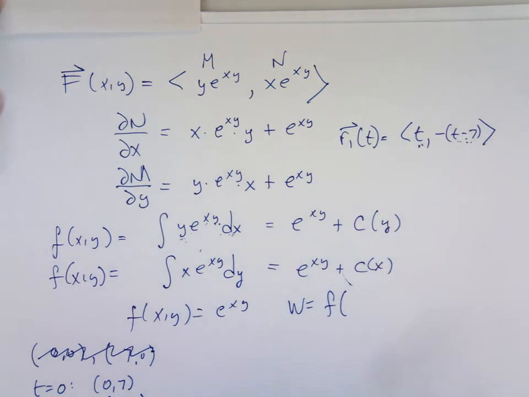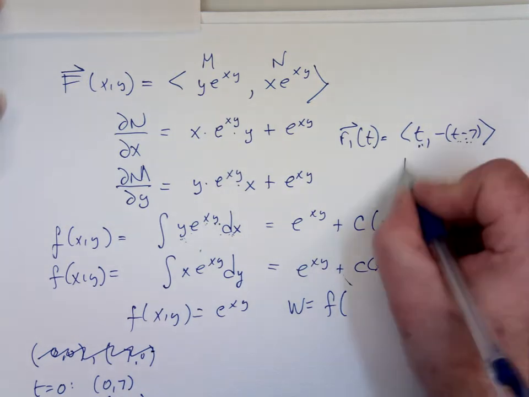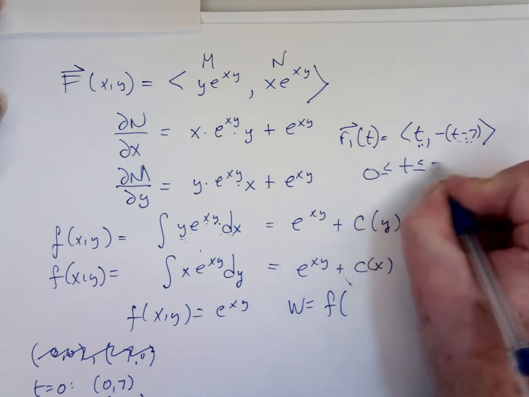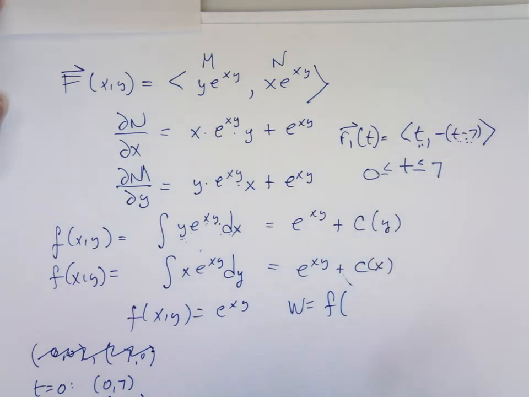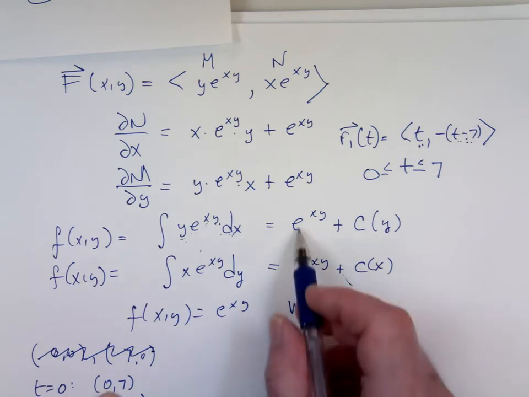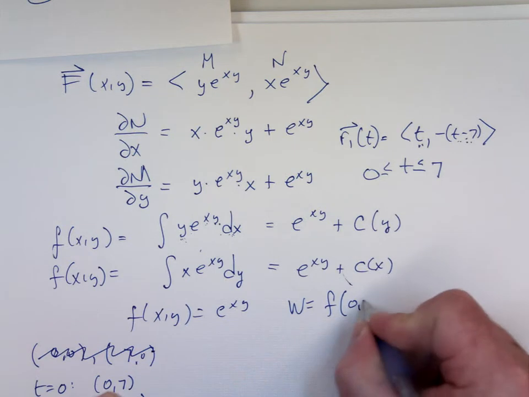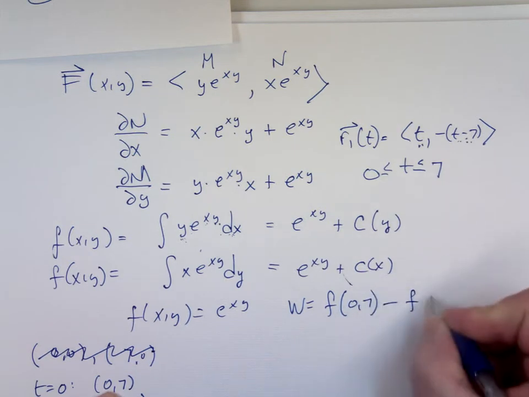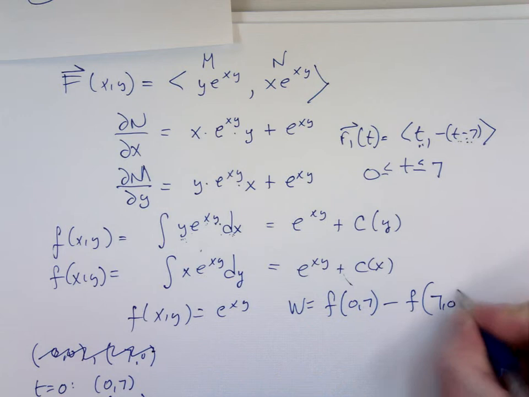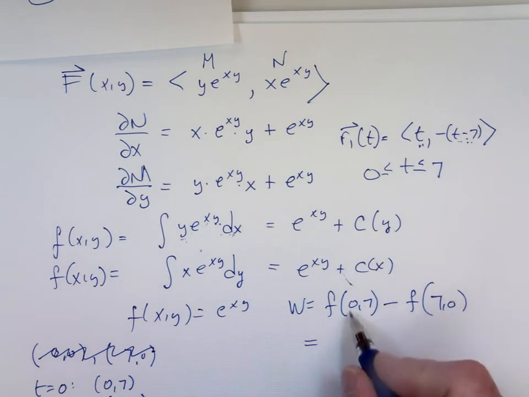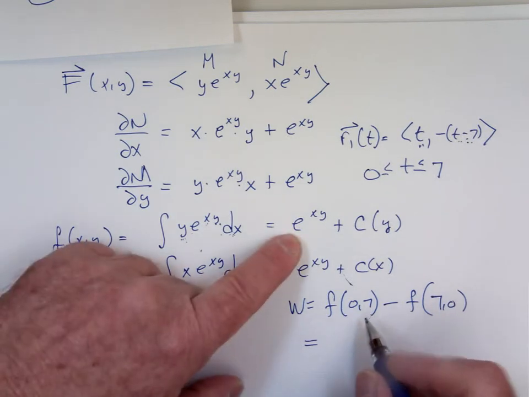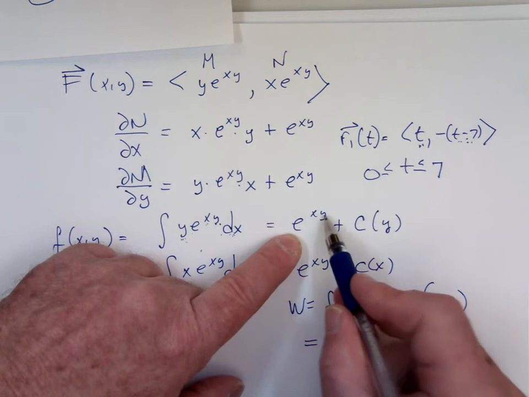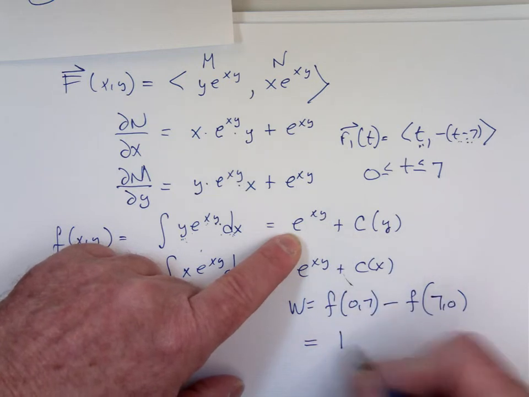Yes, they tell us that. So my potential at 0, 7, okay, would you put that in here? What I'm going to do is find the work by doing this. Okay, 0, 7 is, put a 0 and a 7, you get e to the 0, which is 1, minus 7, 0.